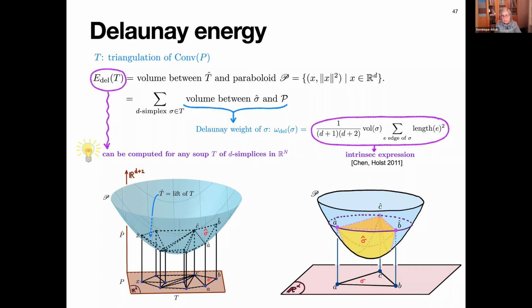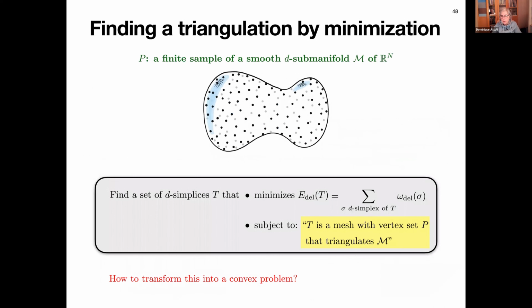So it means that you can take a point set P, take a set of triangles, compute the Delaunay energy, and try to minimize this over all possible simplicial complexes that triangulate your manifold, and see what happens.